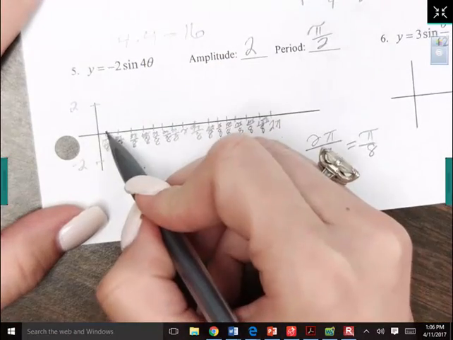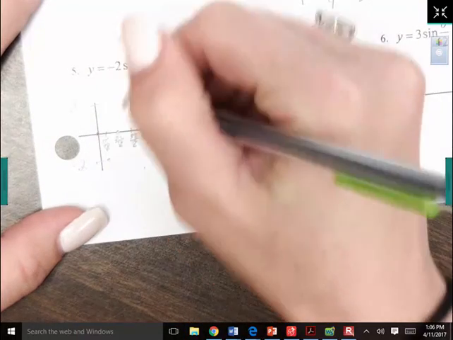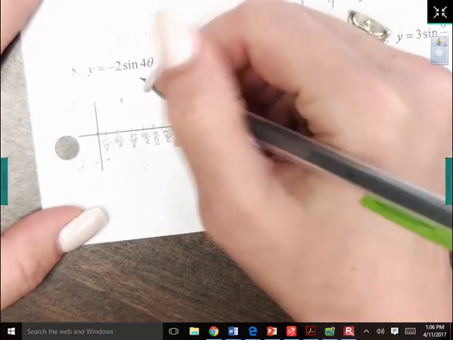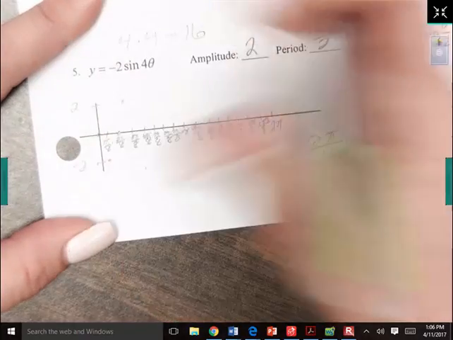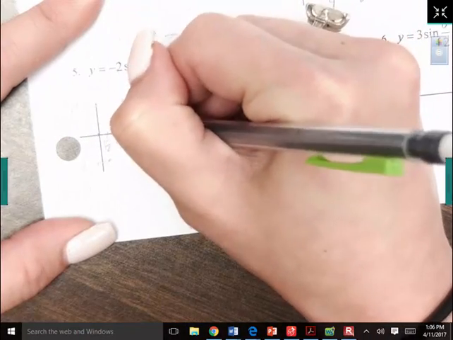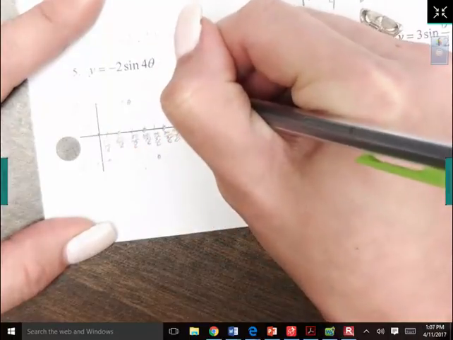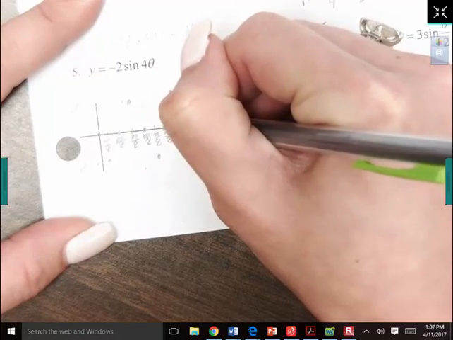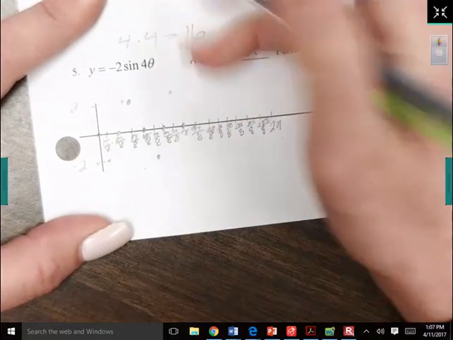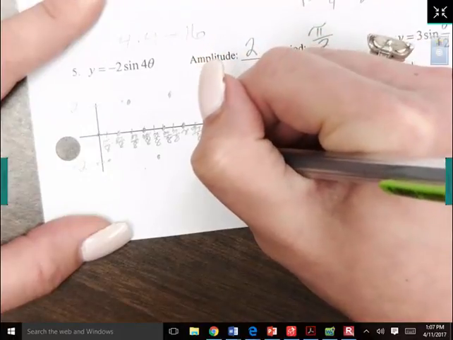We're going to go down. 0, 0, we're going to go down. It's kind of like an inverse of what we did up here. So I'm trying to get this a little bit more accurate. It's hard to do when these points are so small, huh?